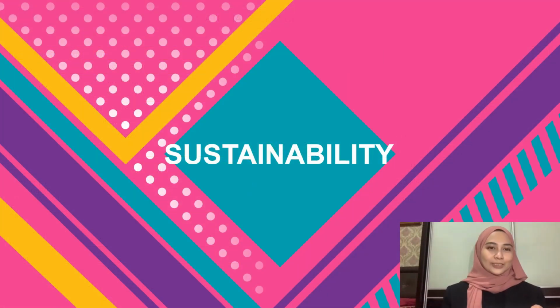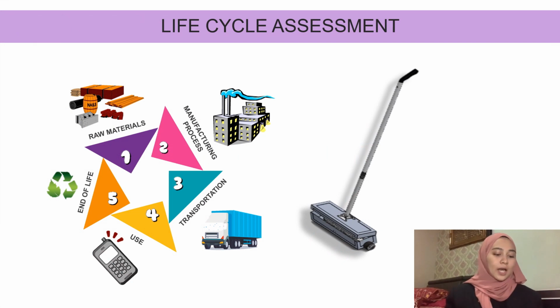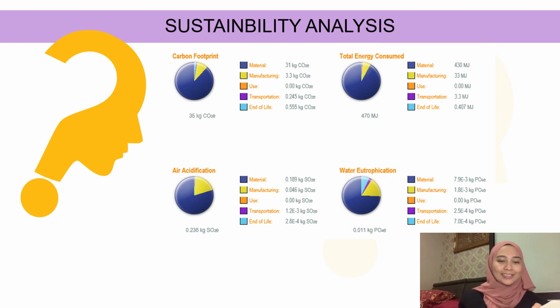Now, let's focus on the sustainability analysis. For this product, life cycle assessment is used as a tool to assess the environmental impact of the product through its life cycle, which starts from raw material, manufacturing process, transportation, use and ends with the end of life. Next, here is the result of the sustainability analysis of the materials used, and most of the material used in this product is aluminium.